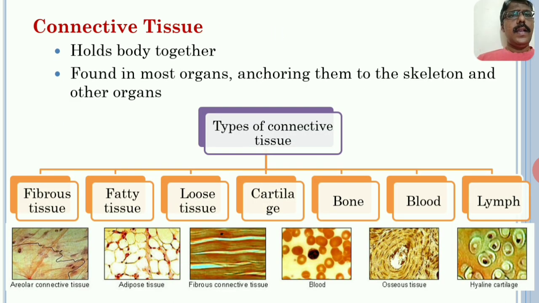Next, connective tissue. It holds the body together and is found in most organs, anchoring them to the skeleton and other organs. Types of connective tissue: fibrous connective tissue, fatty tissue, loose tissue, cartilage, bone, blood and lymph.